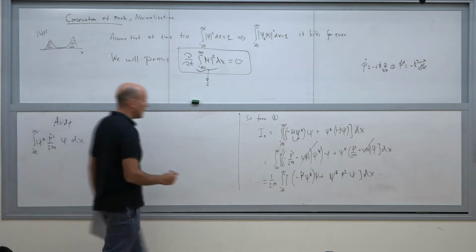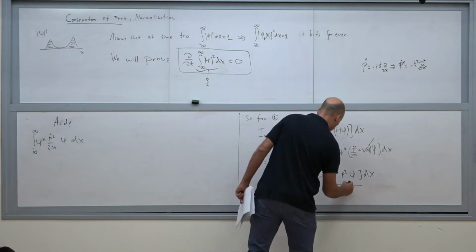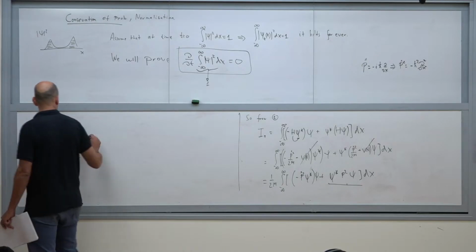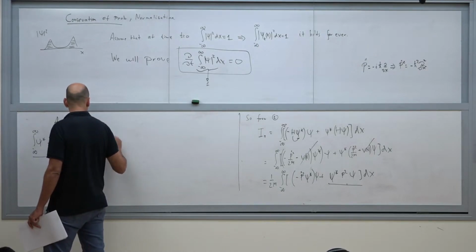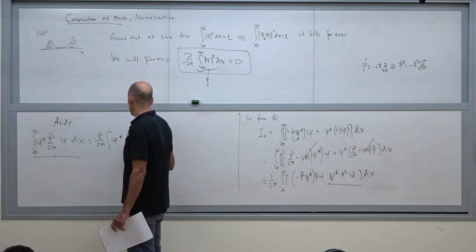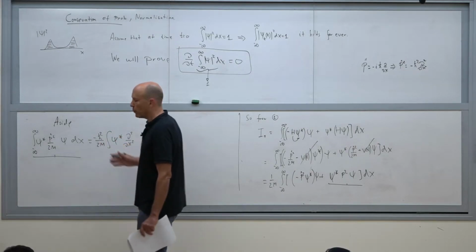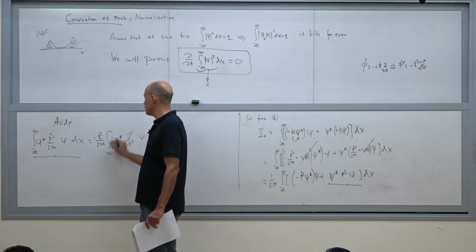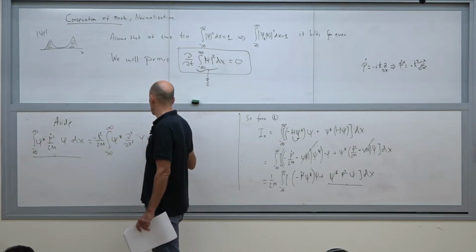So this is this guy. Let's do it a little bit slowly. That is psi star h bar squared over 2m. These are constants with the sign minus. Second derivative, that comes from the momentum operator. Psi, integral from minus infinity to infinity dx.